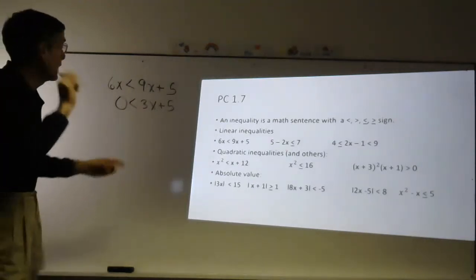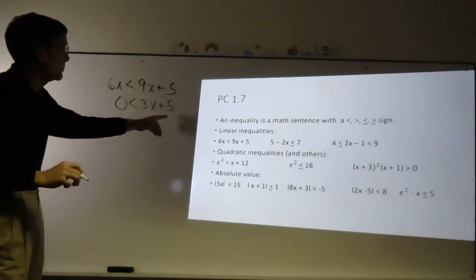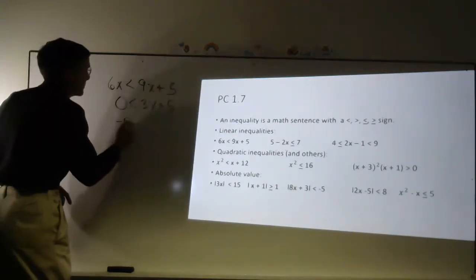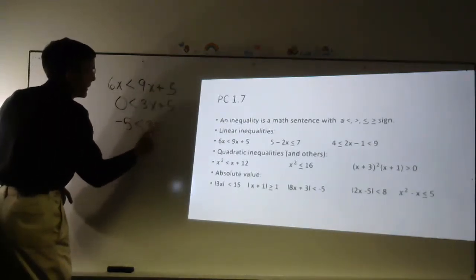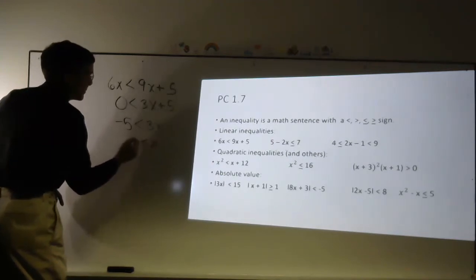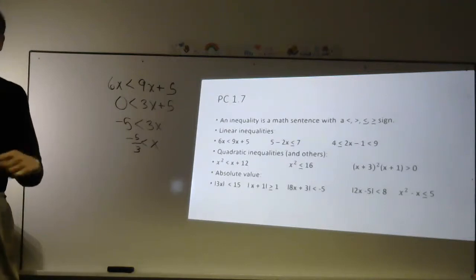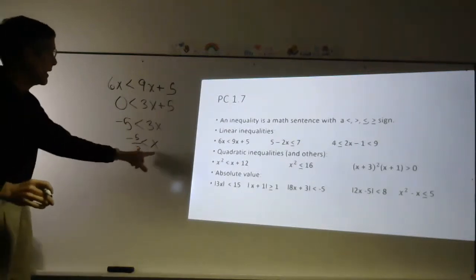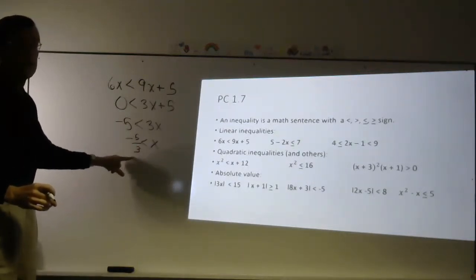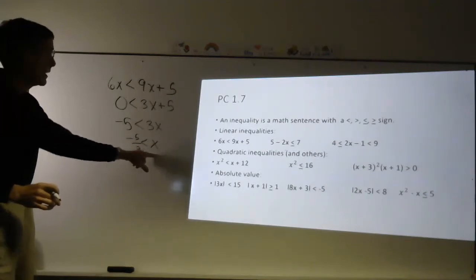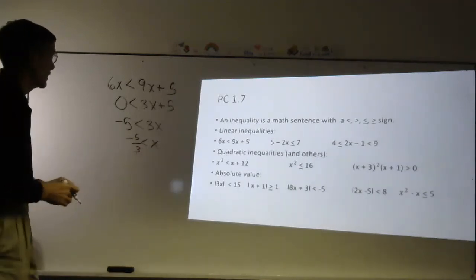Then to solve now for x, you have to subtract 5 and divide by 3. And when you read this properly, x is bigger than negative 5/3.